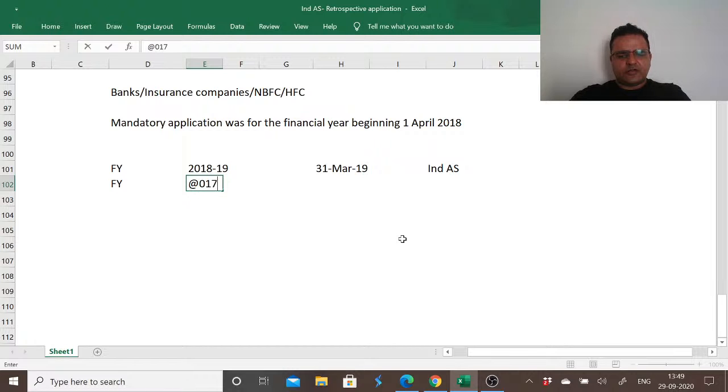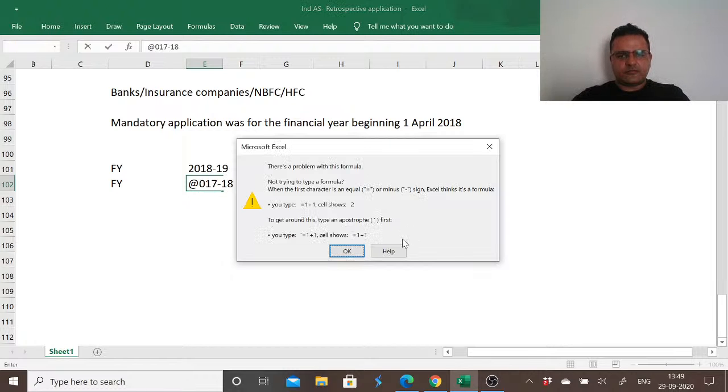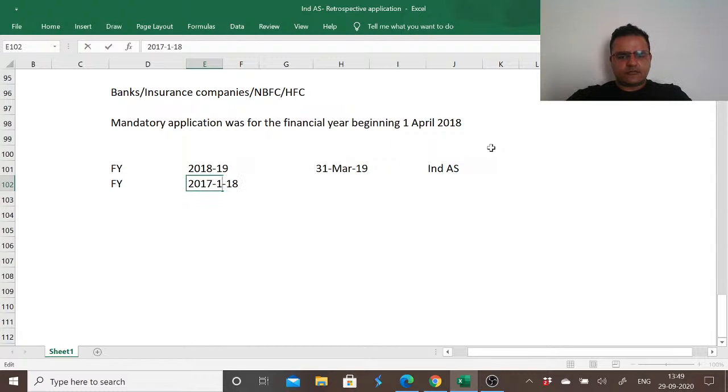The 31st March 2018 balance sheet would have been published based on Ind AS, and the 1st April 2017 balance sheet would have been the date of transition balance sheet, or we can say the converted balance sheet.